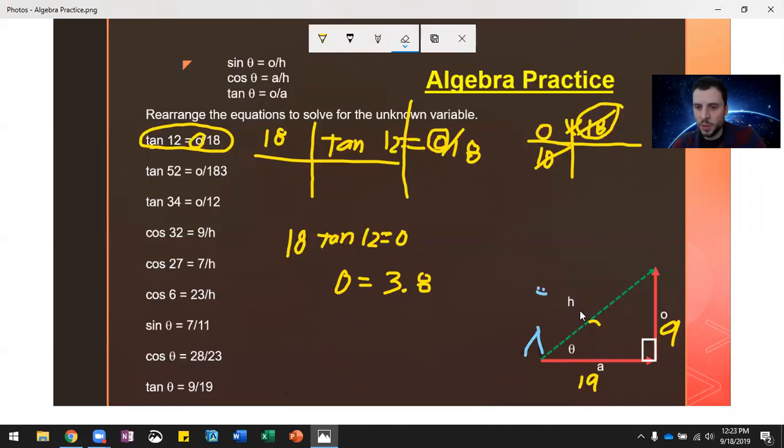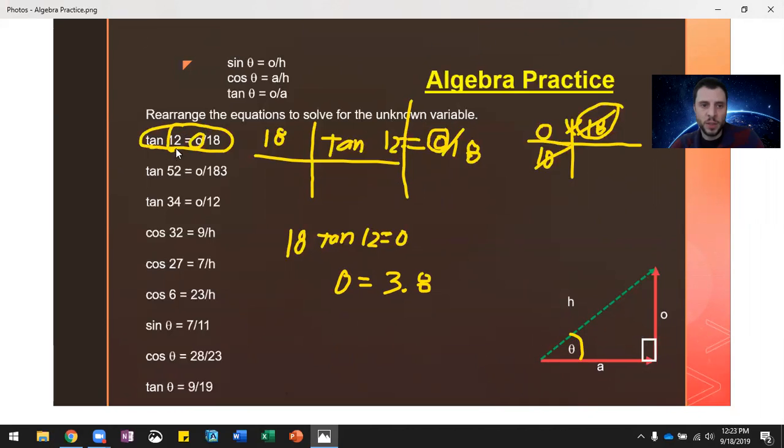And if we were using this triangle, or this vector, this right triangle, as our model, we can go ahead and fill some of these in. If this is theta, if that's our angle, well, our angle is 12 degrees.